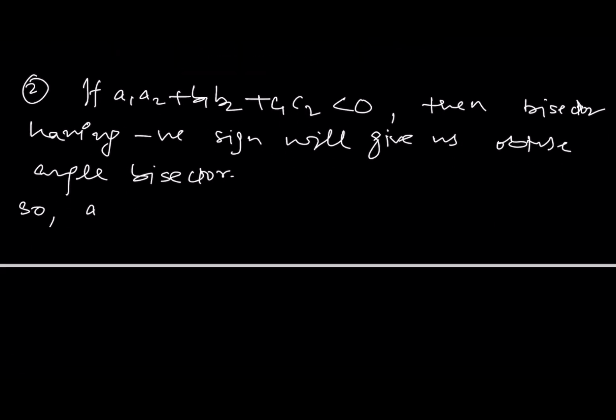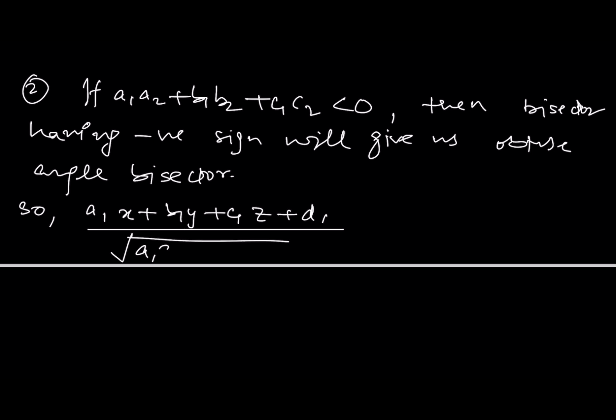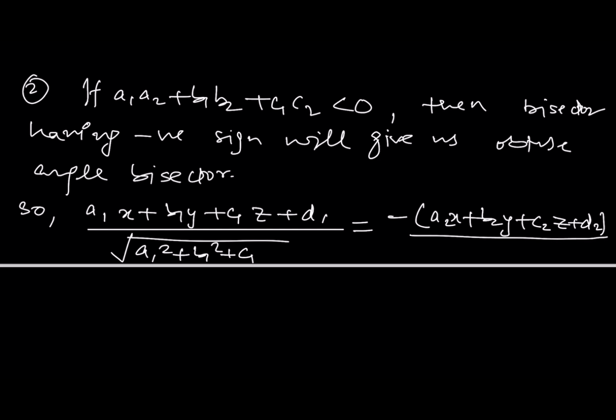So again, (A1x plus B1y plus C1z plus D1) upon root over A1 square plus B1 square plus C1 square is equal to minus of (A2x plus B2y plus C2z plus D2) upon root over A2 square plus B2 square plus C2 square. So students, we always check the sign of A1A2 plus B1B2 plus C1C2.